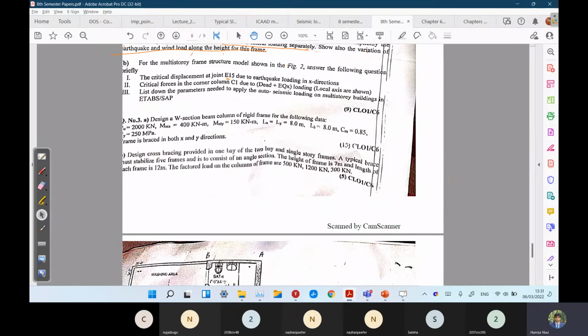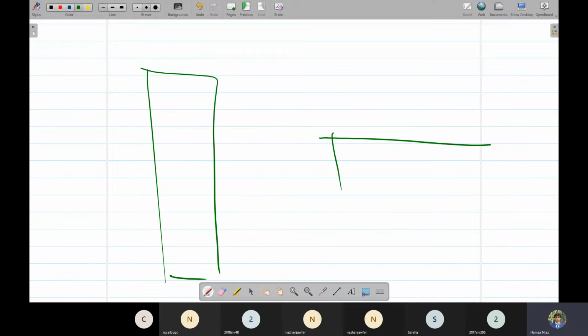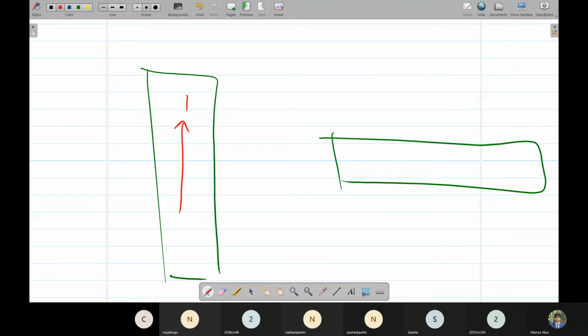Second is critical displacement. For example, this is our column and this is our beam. We define the longitudinal axis of our column, or the longitudinal axis of our beam, as 1.